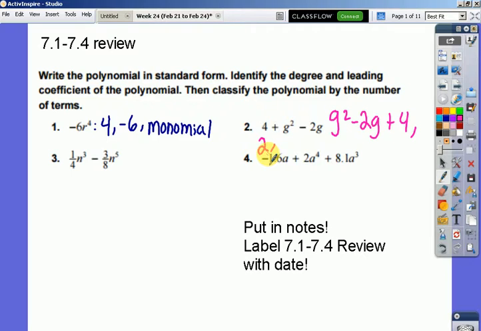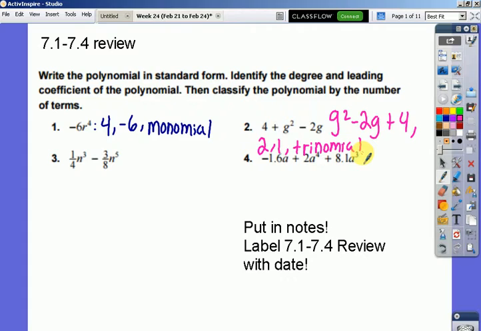Always the first term. And then classified by the number of terms. Trinomial. Yep. I would in your notes write the instructions as well, not just the answers, so that you know exactly what you'll be asked on an exam.